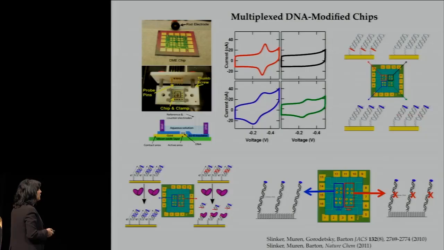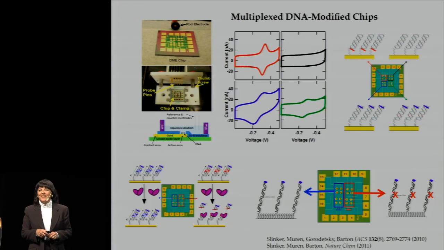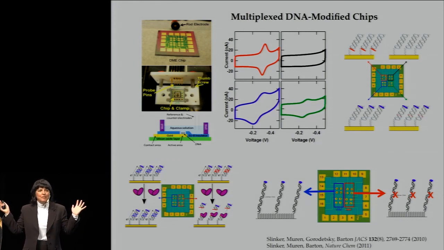And we can even look at very big pieces of DNA. So we did an experiment using 100 mer of DNA on this chip, and we characterized it. And you can distinguish one single base mismatch in the 100 mer just as readily as you could in the 15 mer. And it turns out this is the longest documented molecular wire to date in the literature.